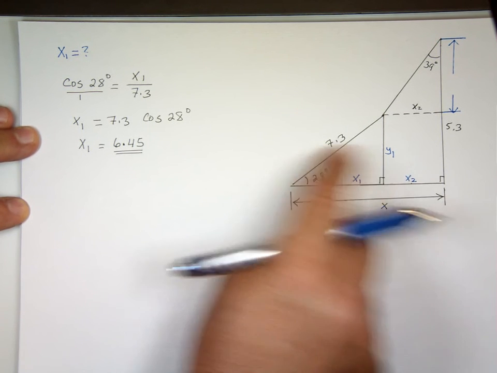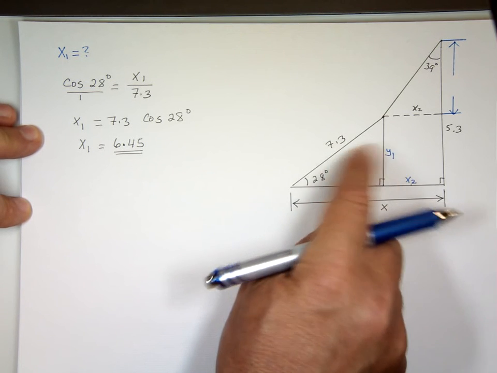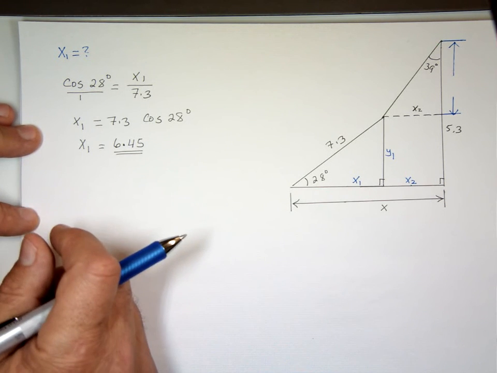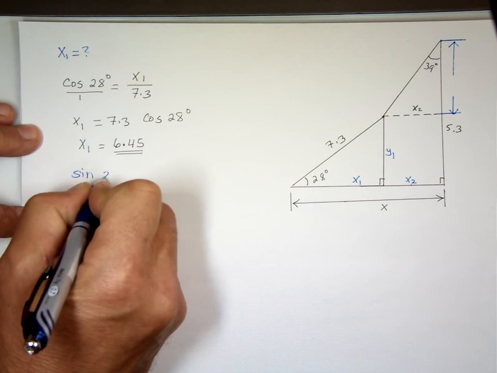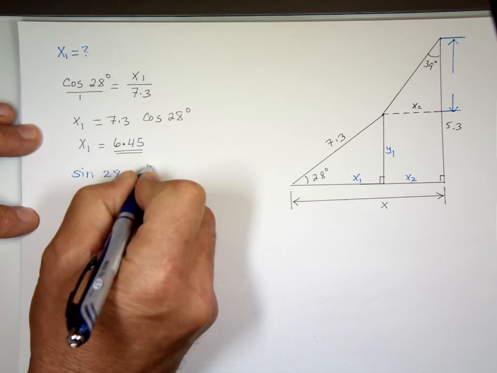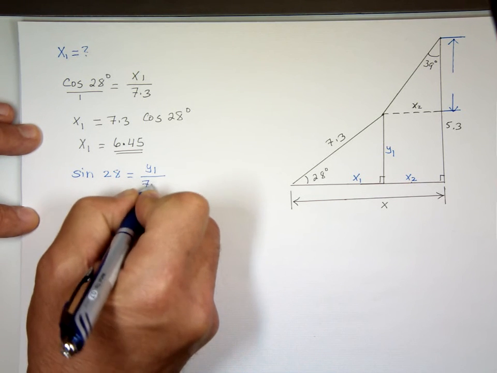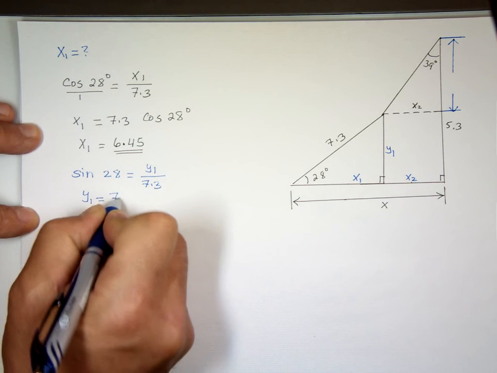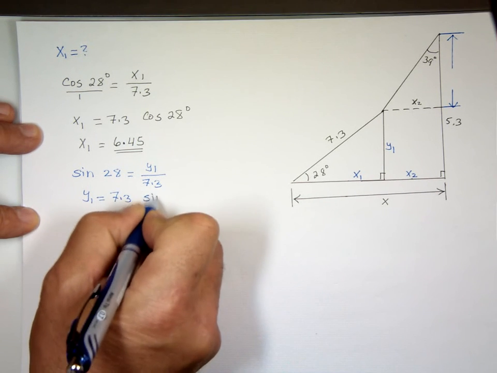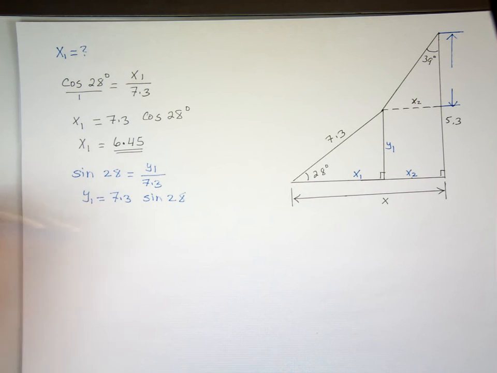Opposite and hypotenuse. What do we have that ties them together? Is that sine? Sine 28 equals the opposite over 7.3. y sub 1 equals 7.3 times sine 28, which is 3.43.